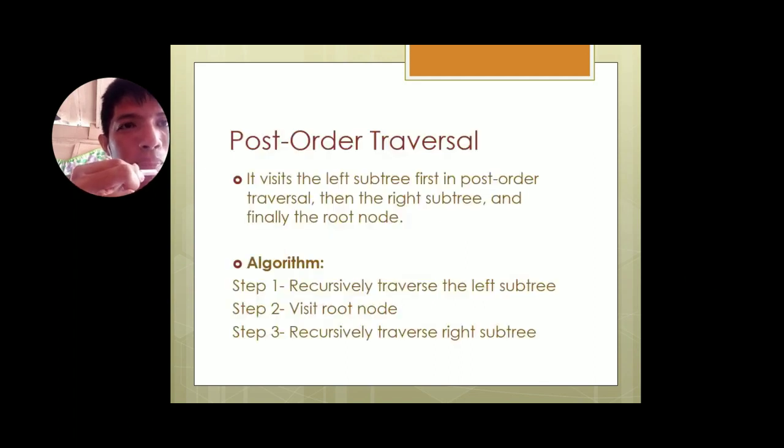Post-order traversal. It visits the left subtree first in post-order traversal, then the right subtree, and finally the root node. So if it says post, it means after. The algorithm is to first recursively traverse the left subtree, next recursively traverse the right subtree, and then visit the root node.